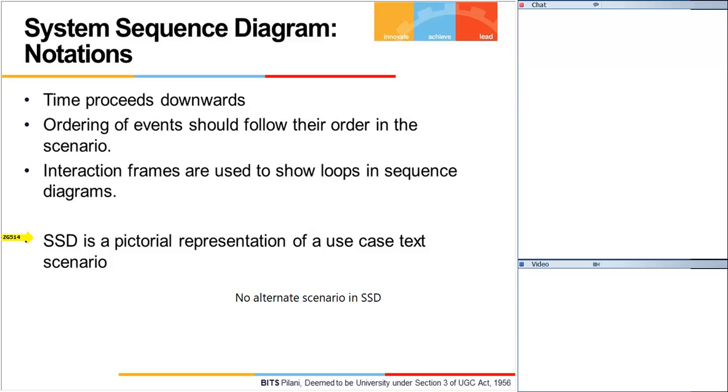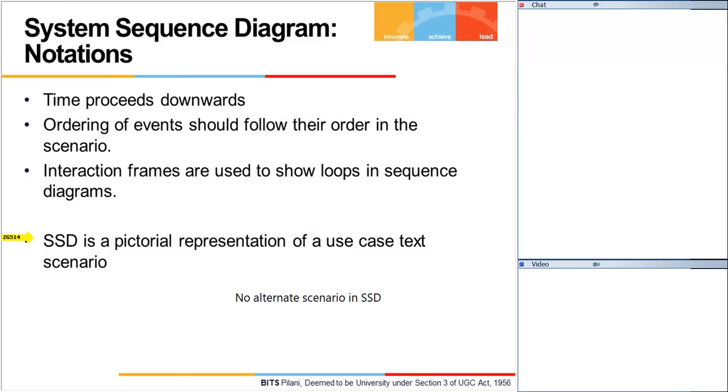Okay, there's another question which says, could you please provide one example where we cannot use system sequence diagram but sequence diagram and vice versa? The two diagrams are different diagrams, right? System sequence diagram is the first level diagram which is drawn to directly convert the use case text scenarios into a pictorial representation.